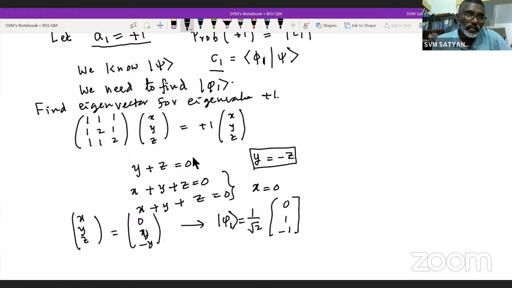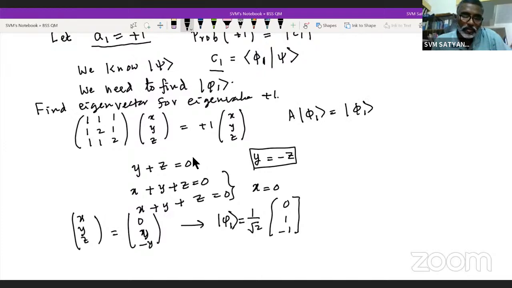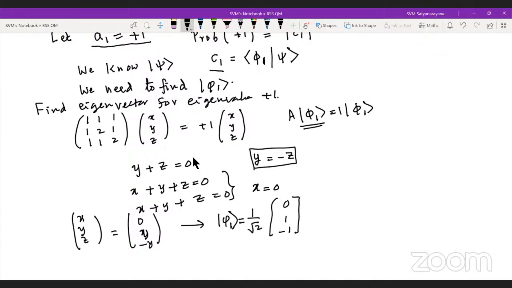I am calling that as xyz. Yes, sir. So this is basically A acting on some phi 1 is equal to plus 1 phi 1. That is what this phi 1 is, a vector with 3 components. That 3 components I am calling it as xyz. Okay. Yes, sir. Thank you.